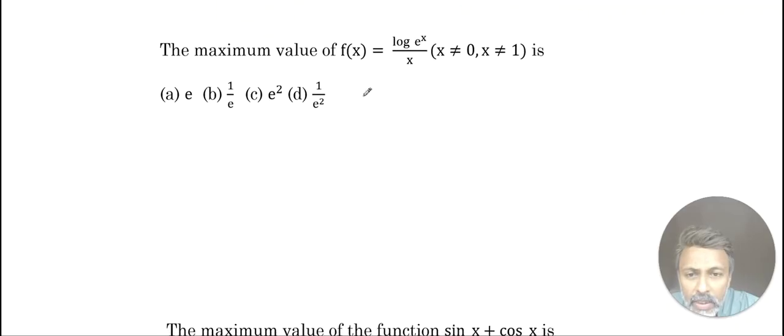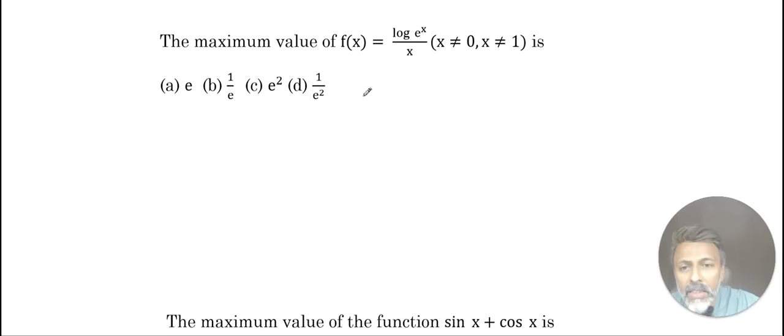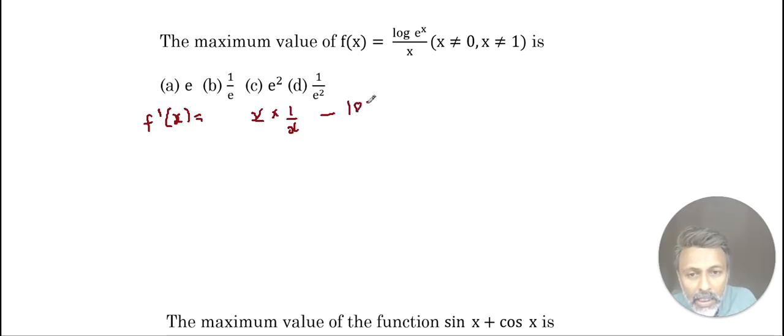Continuing with the next one. We want to find the maximum value of this function. The function is in the quotient form. Let's do quotient rule. F dash x is equal to x into derivative of log x is 1 upon x minus log x into derivative of x is 1, the whole divided by x square.